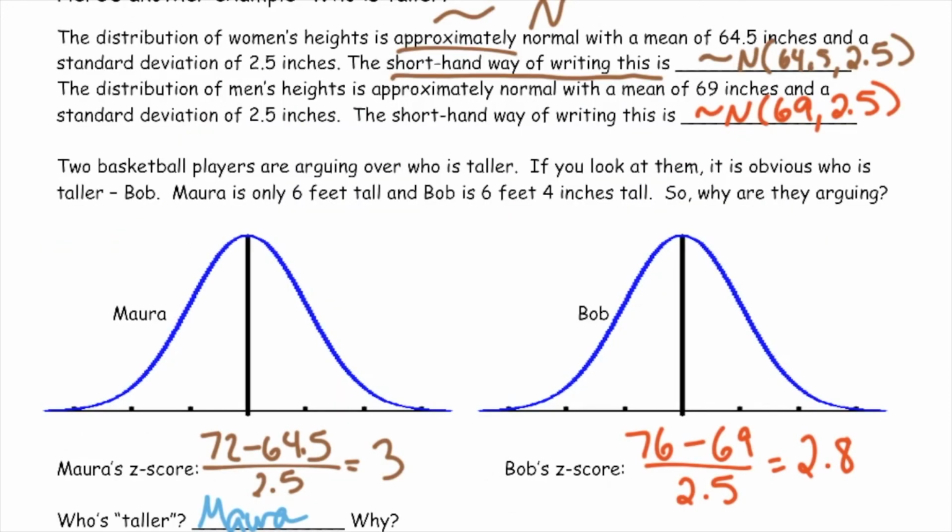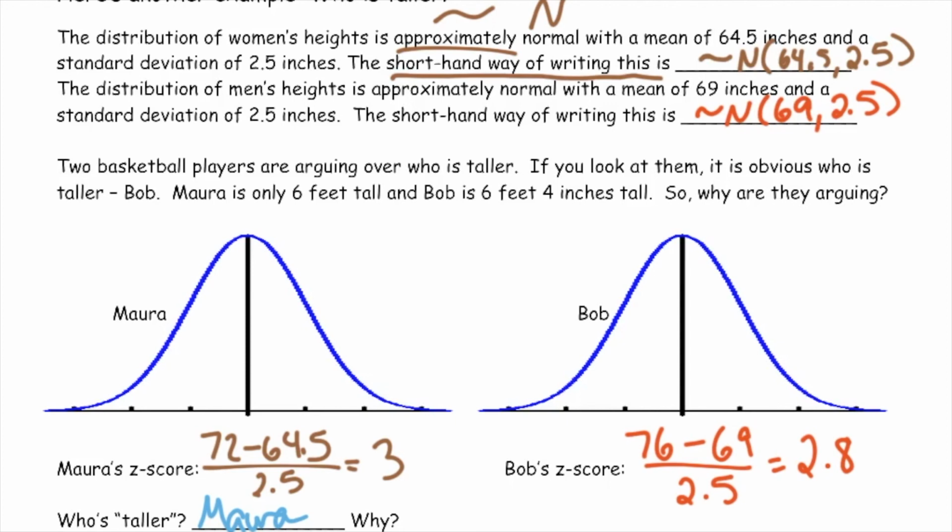So relatively speaking, we found Moira to be taller, in quotes, relatively speaking, because her z-score is 3 while Bob's is 2.8. So what we're really saying is that for a girl, Moira is taller than Bob is for a boy.